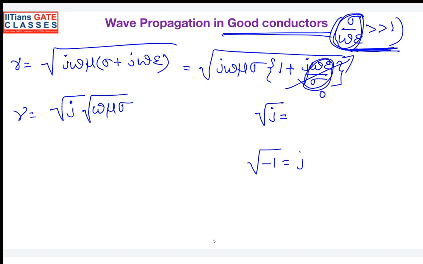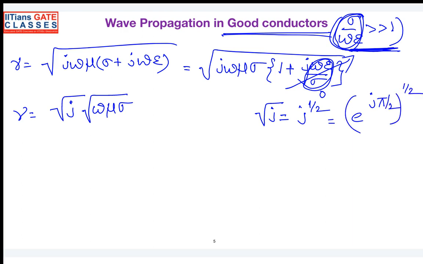Fine. So when you want to write the value of root j, it is j power 1 by 2. Correct. So j can be written as e power j pi by 2, whole power 1 by 2. Why? Because when you are calculating any e power j theta, e power j theta will be cos theta plus j sin theta.